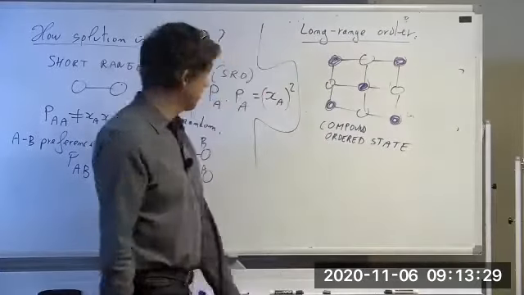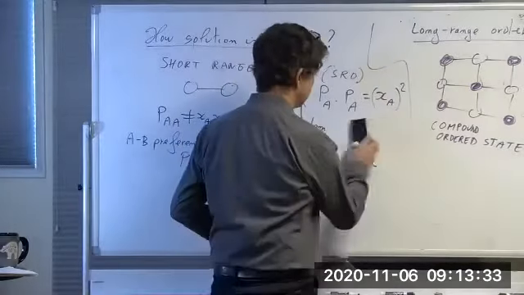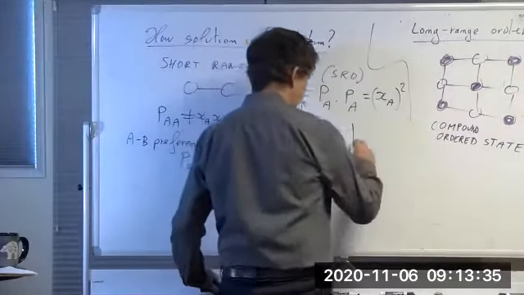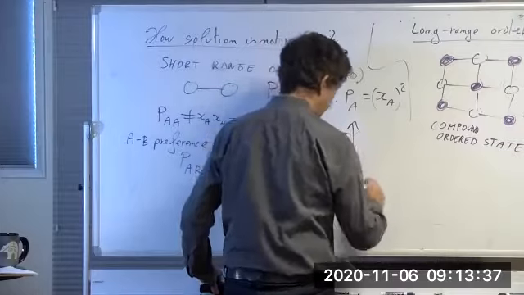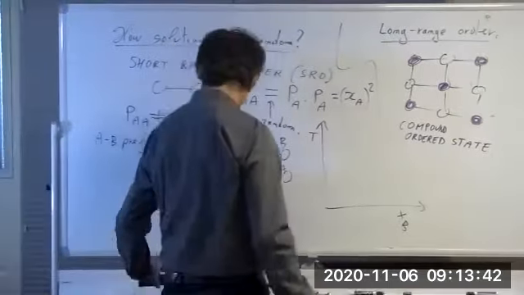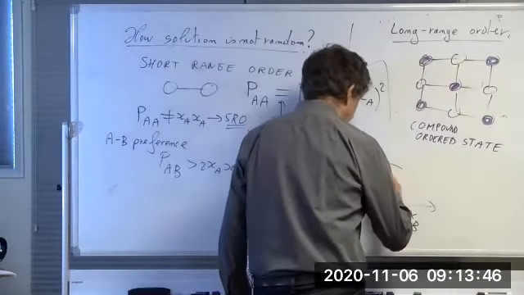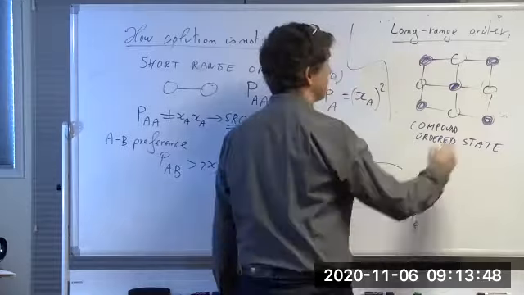And if you want to think about how these look in temperature, if I have a temperature axis and a composition axis, so let's say somewhere a system wants to make a compound. At low temperature, you would have long range order, or LRO, it's called.